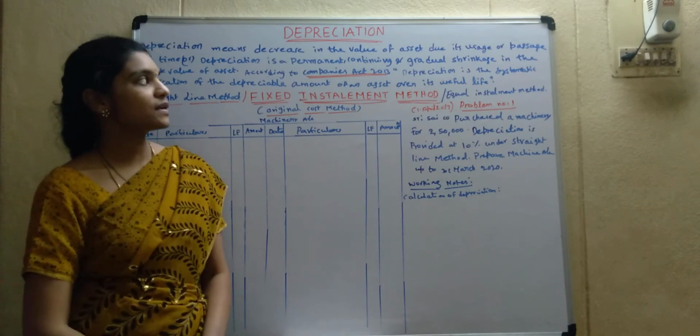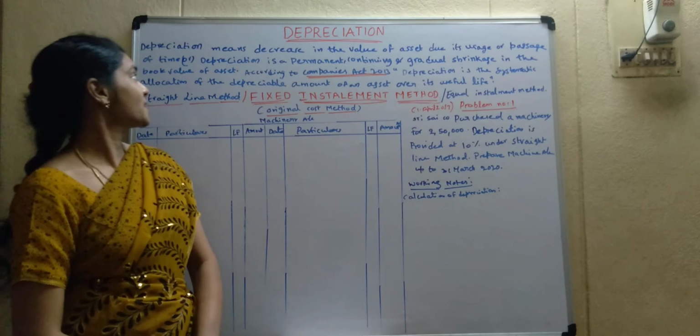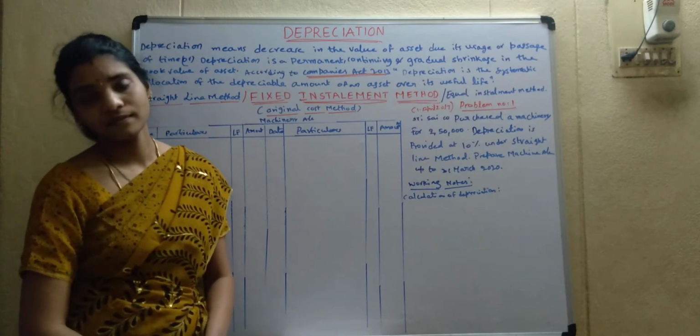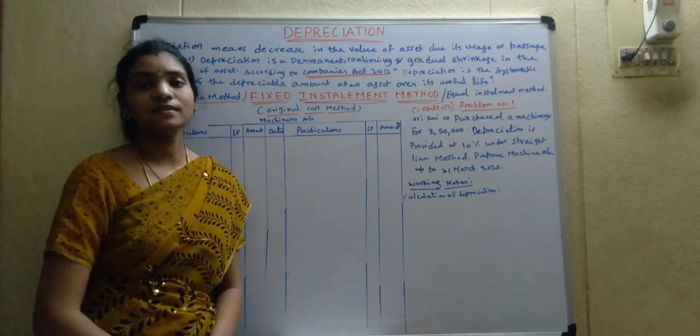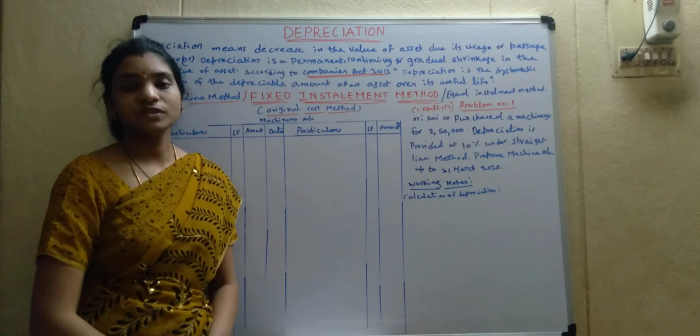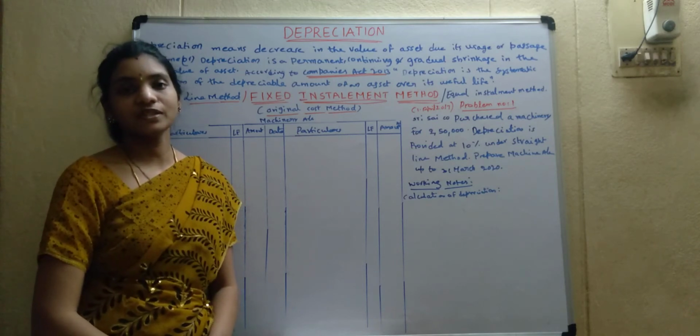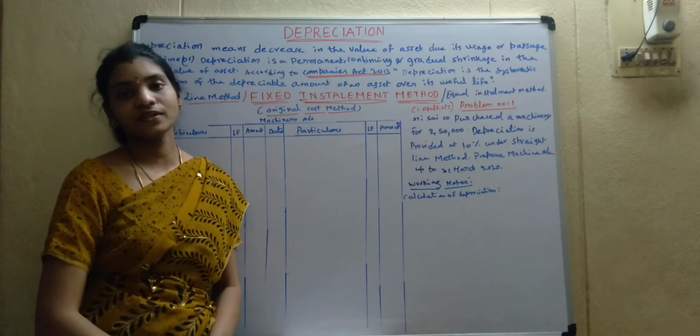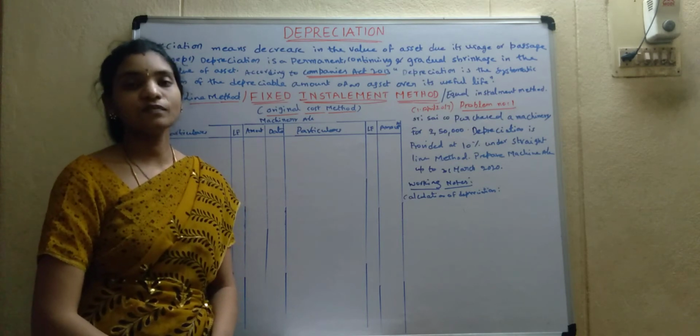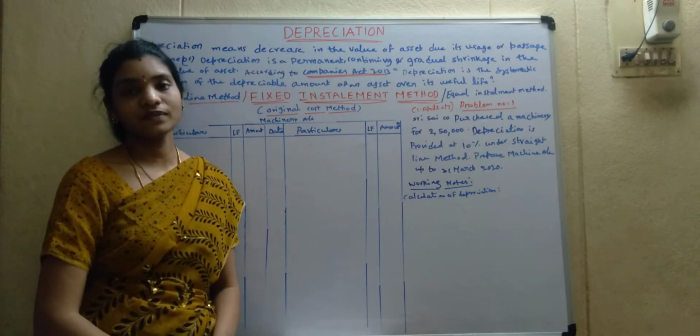Depreciation is a permanent, continuing and gradual shrinkage in the book value of the asset. What we discussed in the last class is that once we start charging depreciation, we have to charge it continuously throughout the life period of the asset.